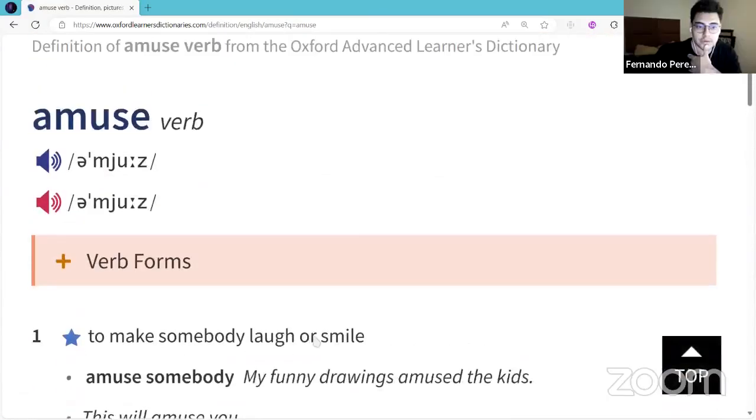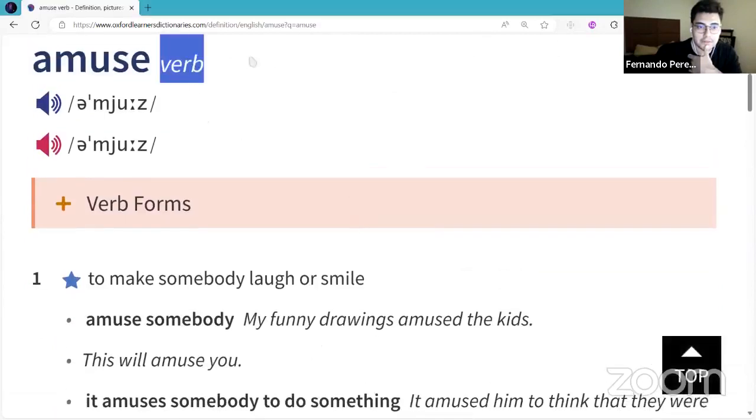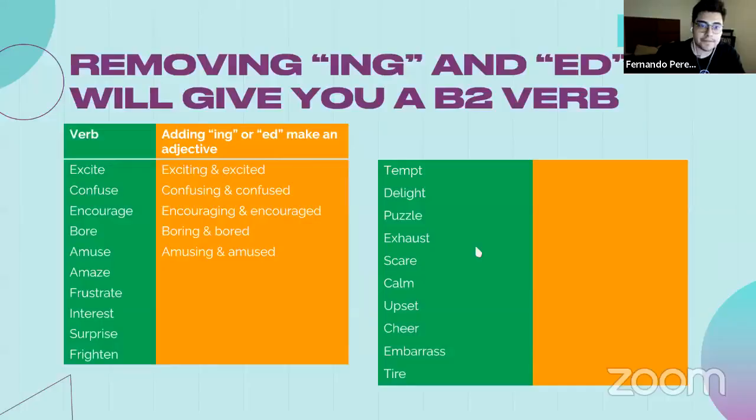I would say that this is B2 because it's not a word that we use a lot in beginners' speech, you know. Contrasting with amaze, which is more like surprise.